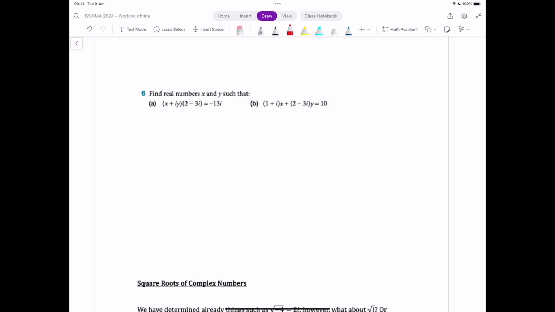Find real numbers x and y such that (x plus iy)(2 minus 3i) is minus 13i. Same process here, we're going to expand. So 2x minus 3ix plus 2iy plus 3y, and that's equal to minus 13i.